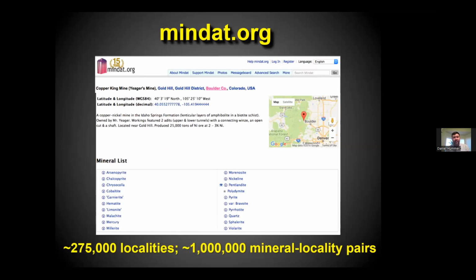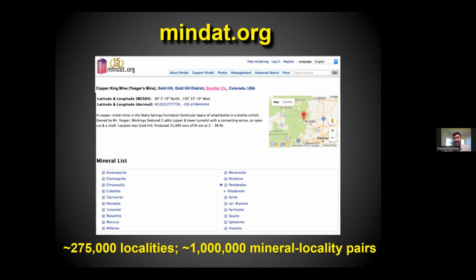You can search for mineral species. You can search for location names. And there are over 275,000 locations on Earth that are described in this database, and well over 1 million now, 1 million and counting, mineral locality pairs, meaning, of course, a mineral occurring at a particular place.